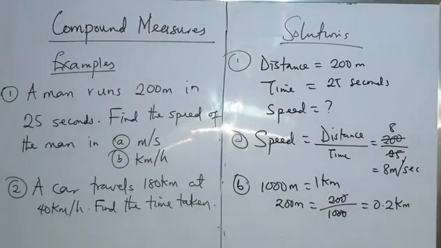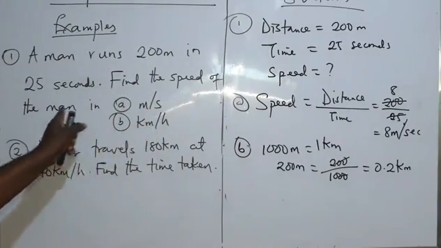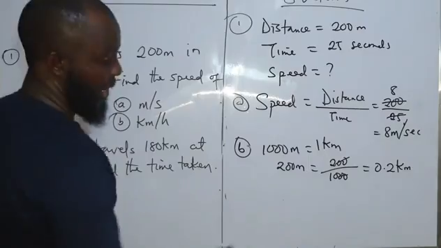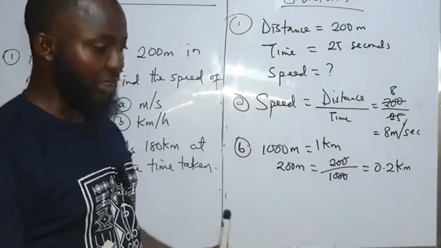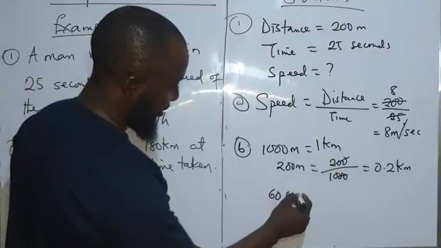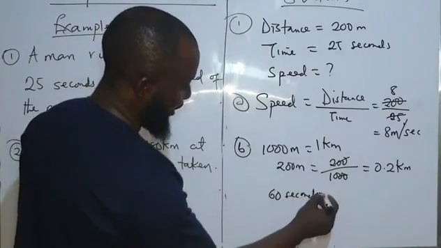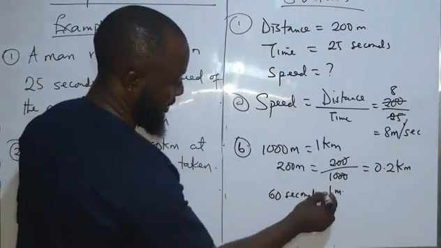Right. Then we move to the hour, 25 seconds. So how many seconds make 1 hour? So firstly, how many seconds make 1 minute? 60 seconds equals 1 minute. And 60 minutes equal 1 hour.